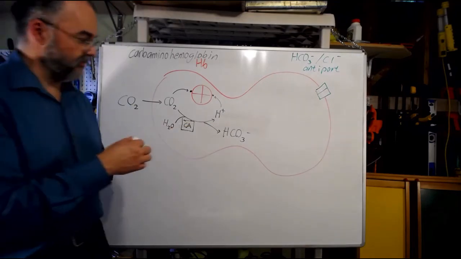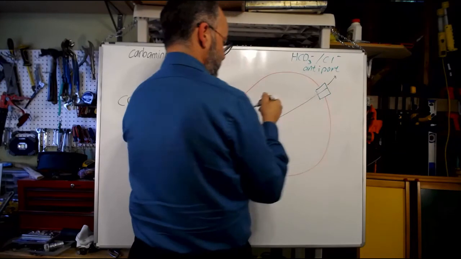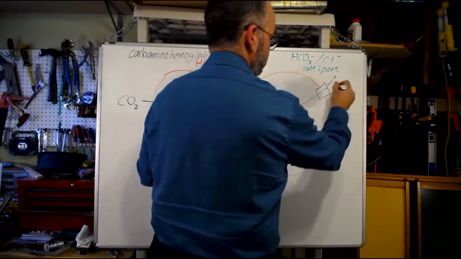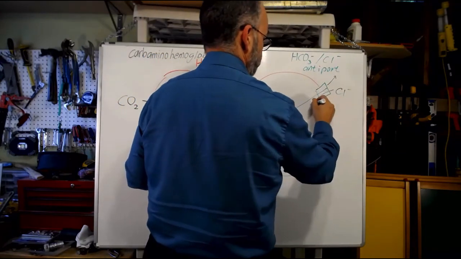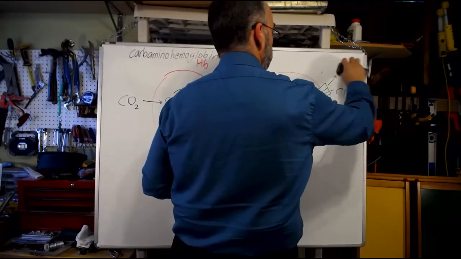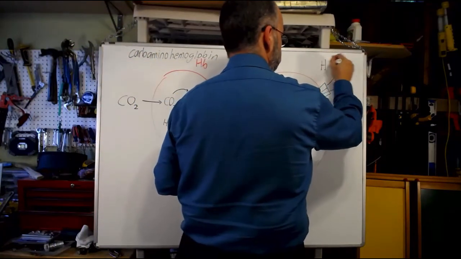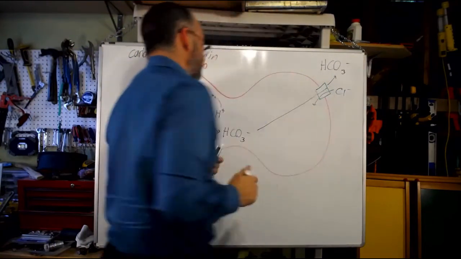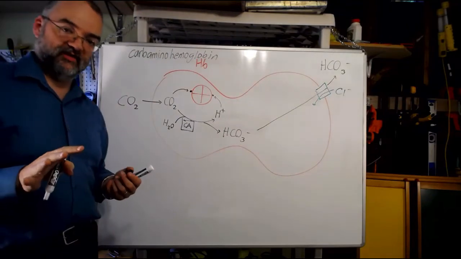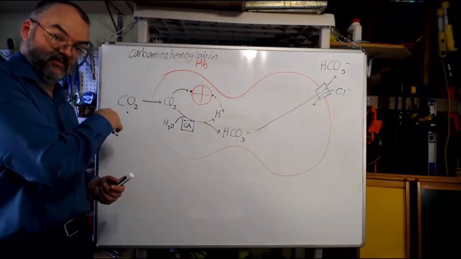The bicarbonate can leave this cell in exchange for chloride coming in. So that means that we have three places that carbon dioxide can end up. Some of it can stay out here in the plasma.